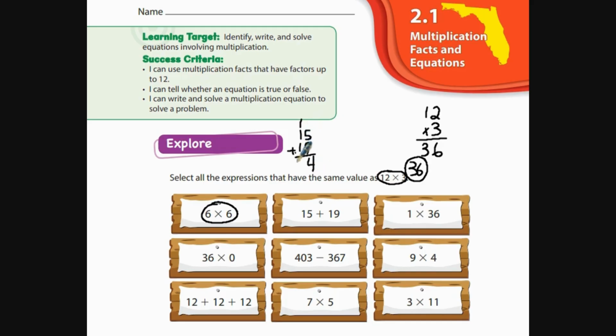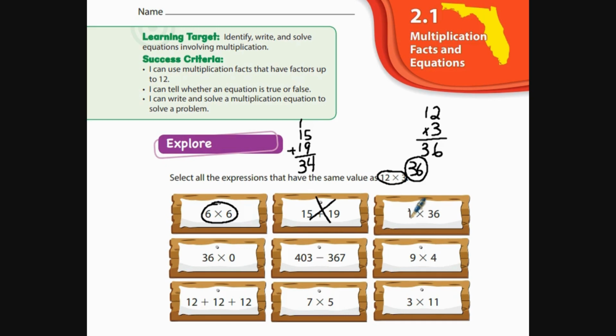Carry the 1. And 1 plus 1 plus 1 is 3. Well, the answer has to equal 36. The sum of 15 plus 19 is 34. So that's not 36. So that's not it.